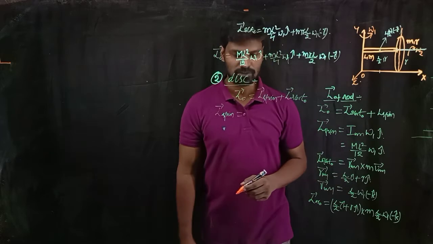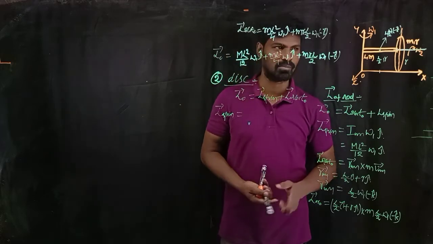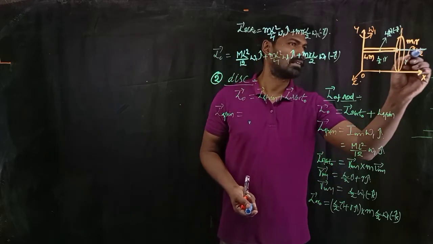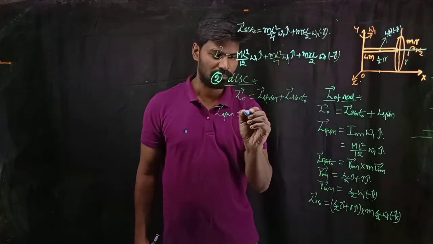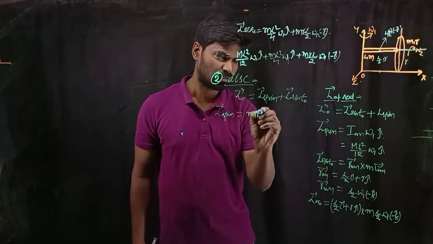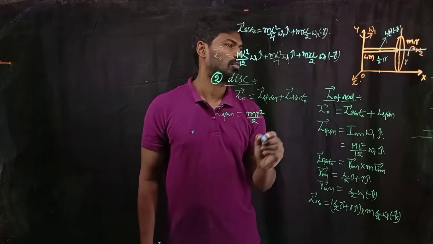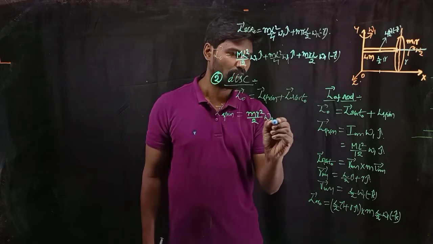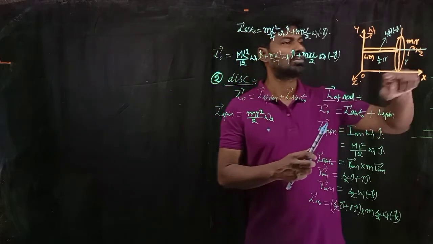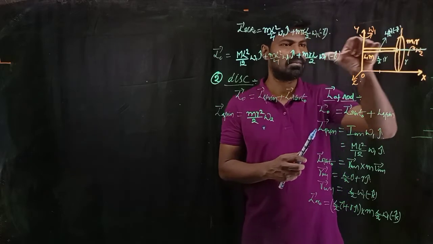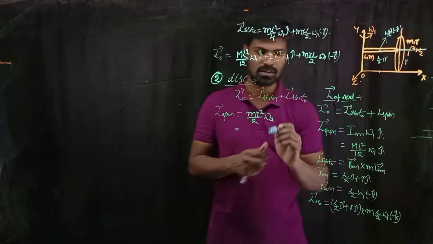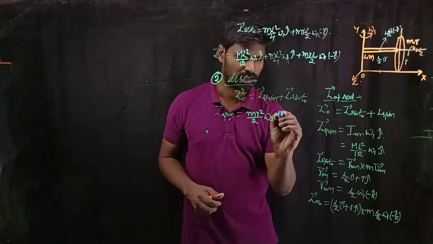So the total spin angular momentum of the disk is given by, one due to this axis: m r square divided by 2 into omega 2. When the disk rotates in this sense, if you curl your fingers, the thumb points in negative x direction, so it is minus i cap.